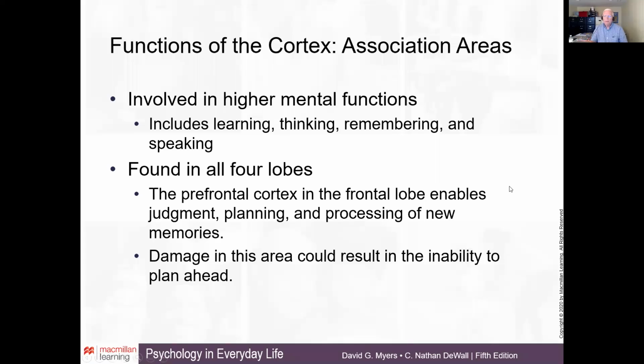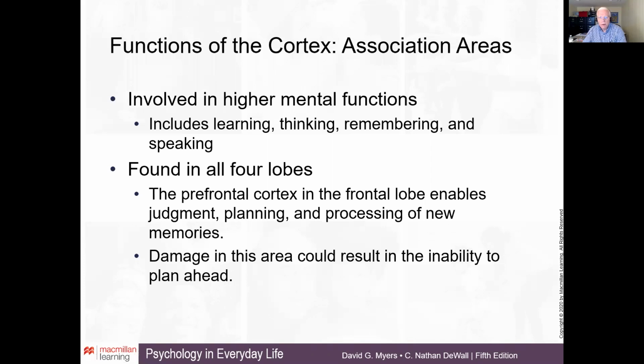We also have areas in our brain called association areas. These are involved in higher mental functions like learning, thinking, remembering, speaking. One area of our brain that is rich in association areas is the frontal lobe of our brain. And the frontal lobe includes the prefrontal cortex, which is the front of the frontal lobe.